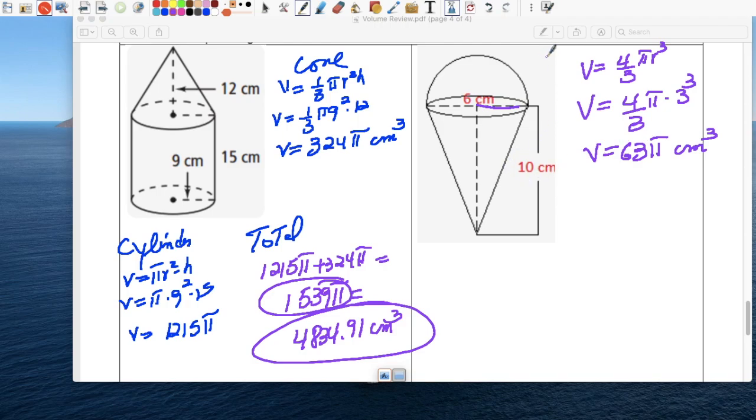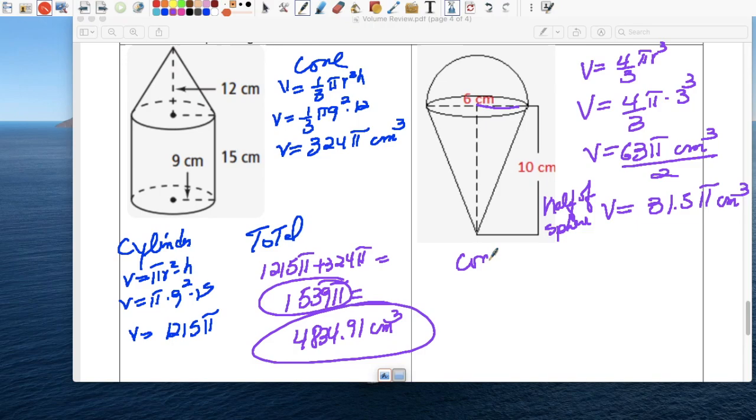Then we have to divide this by 2, which I almost forgot again. We divide that by 2, and we get the volume of the hemisphere, this half of the sphere. It's actually 31.5 pi centimeters cubed.